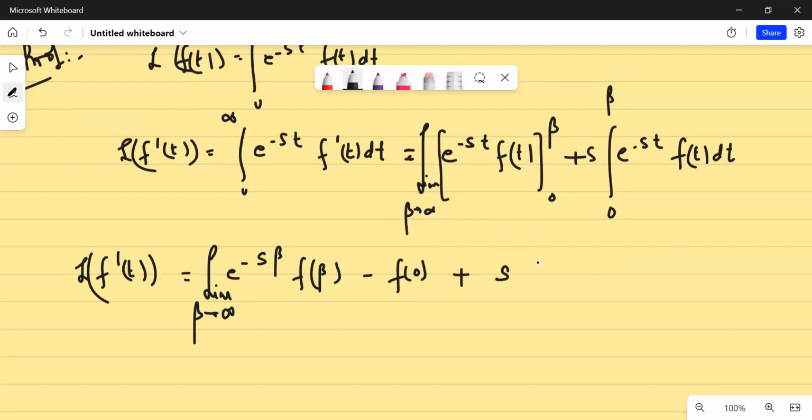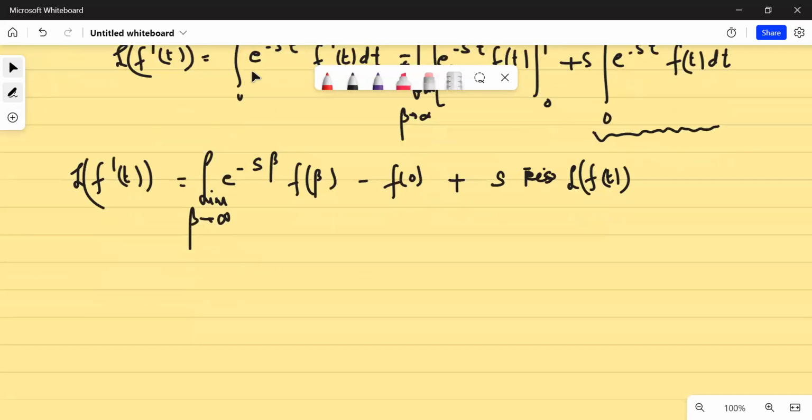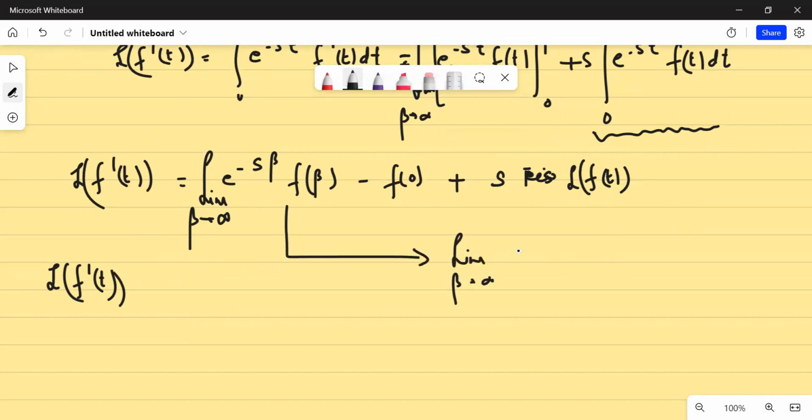If beta tends to infinity, this is equal to simply the Laplace transform of f(t), on the right hand side. So eventually, what you'll get is the Laplace transform of f dash t. I'm using it here, see, limit beta tends to infinity.